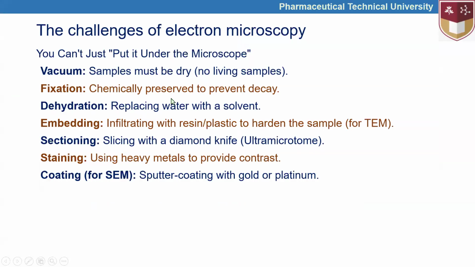Next, the challenges of electron microscopy are given here. It's not as simple as using light microscopes, and it should be carried out in vacuum. And fixation is also a kind of fine art, using a chemical preservative to prevent decay.